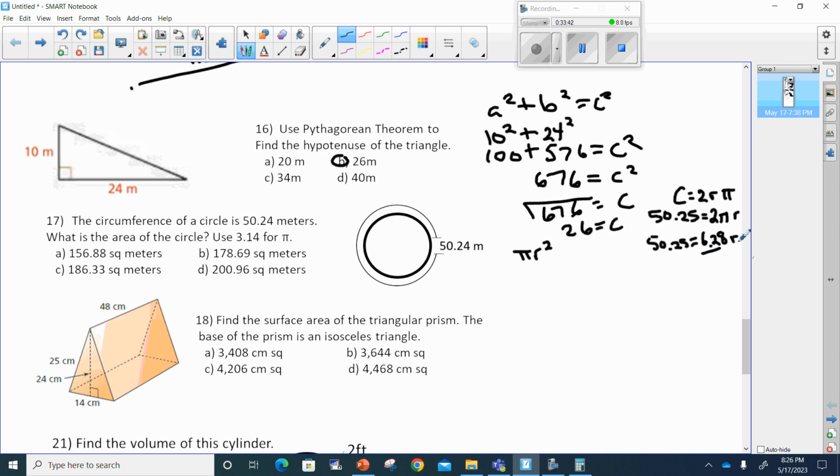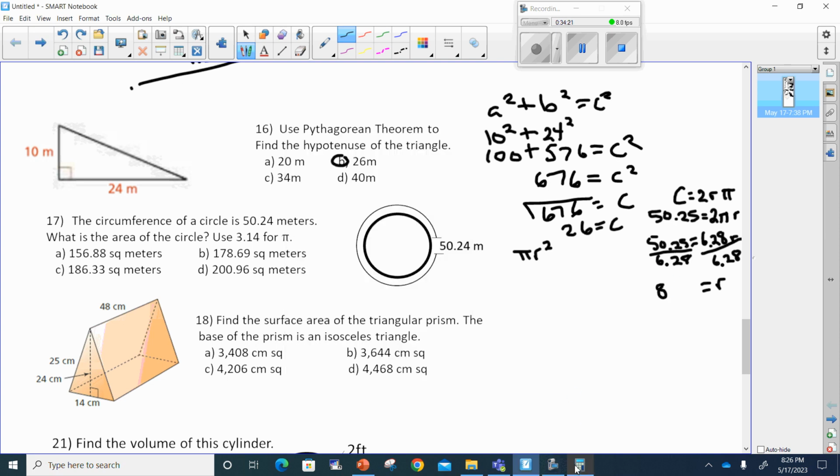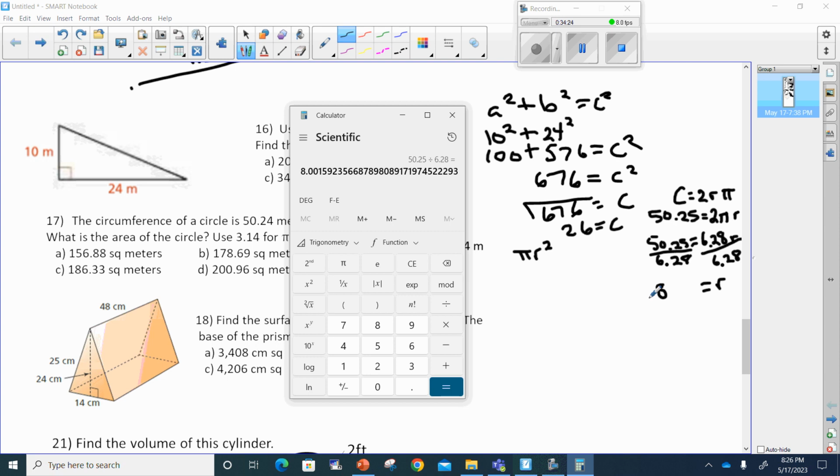Well, I now have to divide 6.28 away to get r by itself. And whatever I divide from one side, I divide from the other. So this gives me 50.24 divided by 6.28. That's going to give me, wow, radius is going to be about 8. Let me just see here. 8.00. It's really about 8, right?